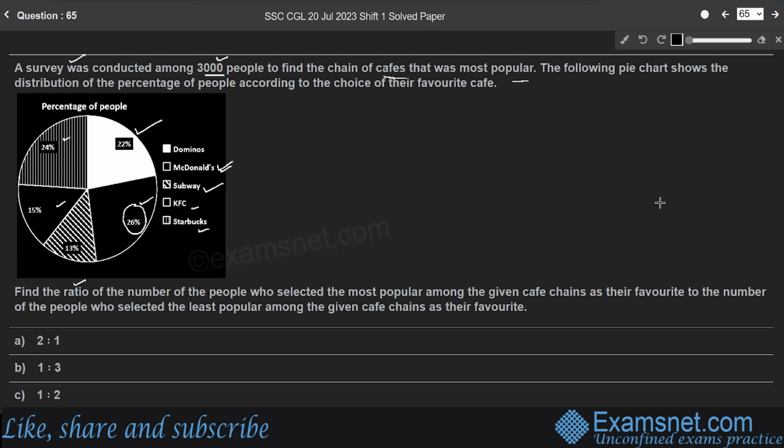And the least percentage is 13%, which selected Subway as their favorite cafe. Therefore, we need the ratio of the number of people who selected McDonald's, the highest favorite, to Subway, the lowest.